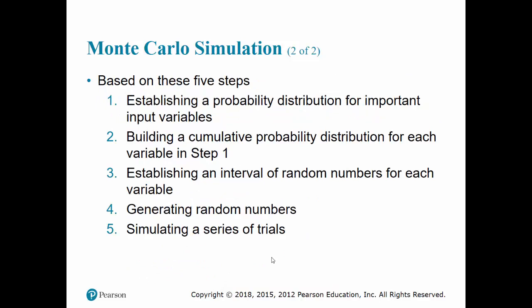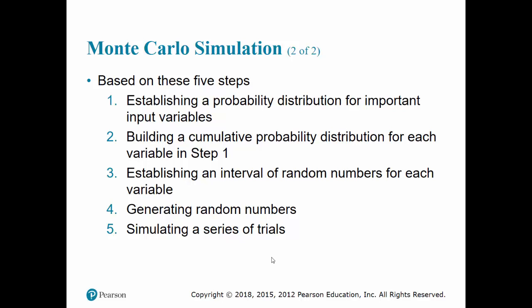Okay, there are 5 steps in Monte Carlo modeling. Establishing a probability distribution for important input variables. So we'll be looking at that in a concrete example. And then converting that probability distribution into something with which you can generate or simulate events.